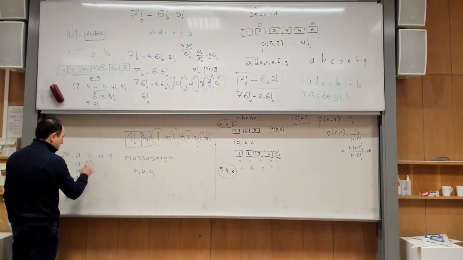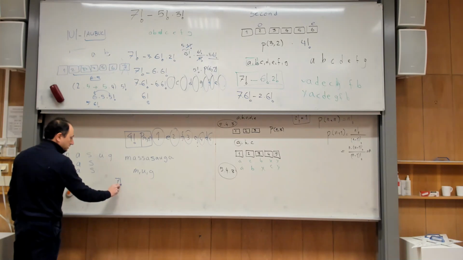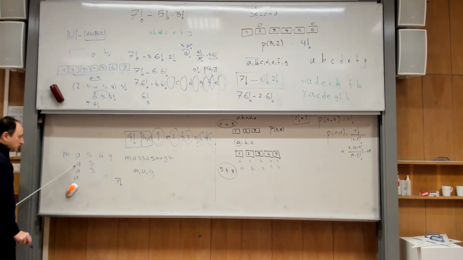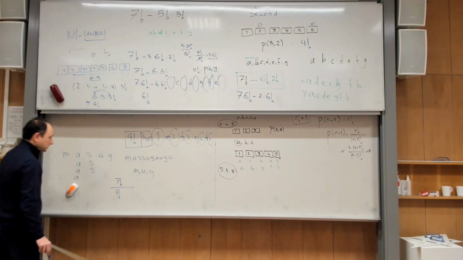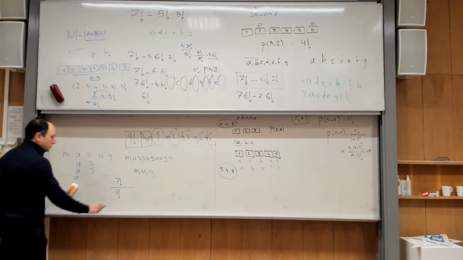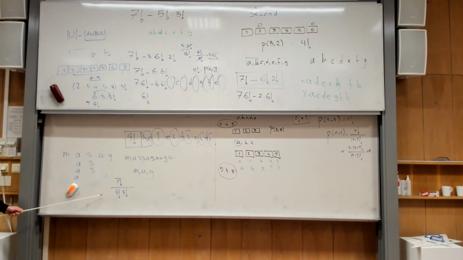So this becomes 7 factorial. But 4 of them are of the same type, so I have to divide by 4 factorial. And 3 of them are of the same type, so 3 factorial. If you ask me what this number is, I would say that this is the total number of arrangements that I can make with 4 A's and 3 S's.